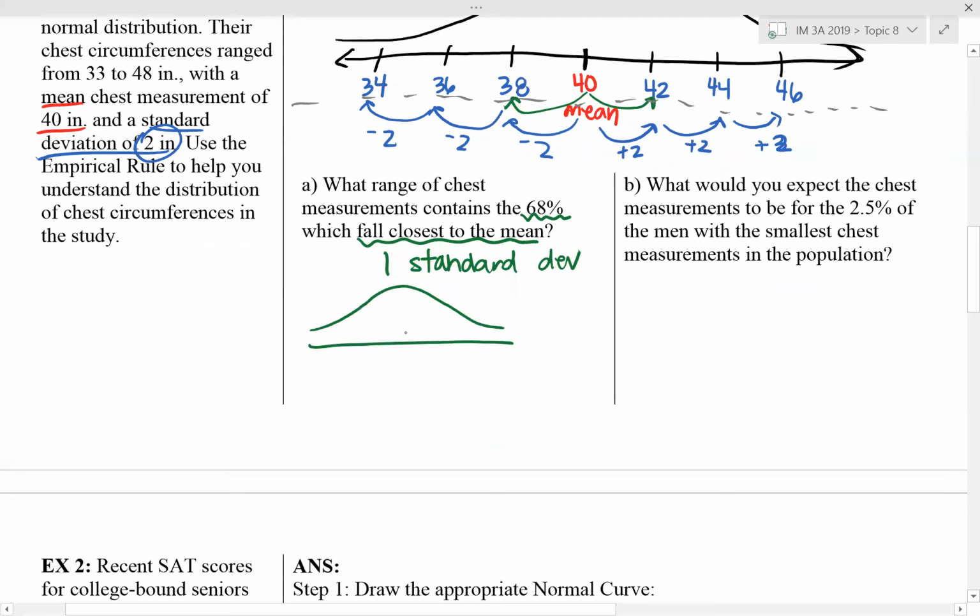Since the mean is 40, one standard deviation above is 42 and one standard deviation below is 38. So this is going to represent 68% of the data. So it's between 38 and 42 inches.